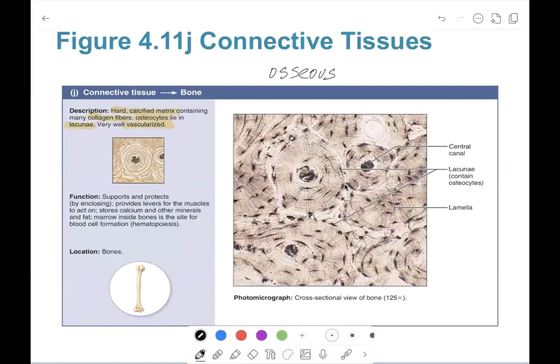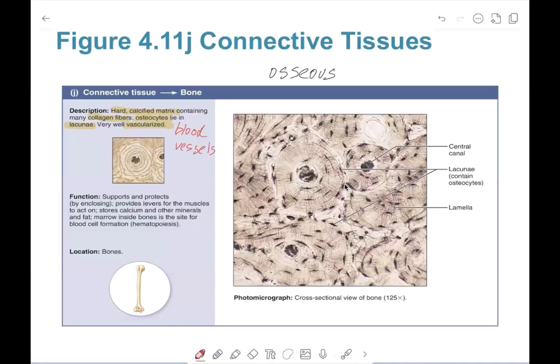Vascularized means that it has lots of blood vessels in it. Many people might not think that it's vascularized because bone is very hard, but it has many, many blood vessels, as you'll learn more about when we get to chapter 6.